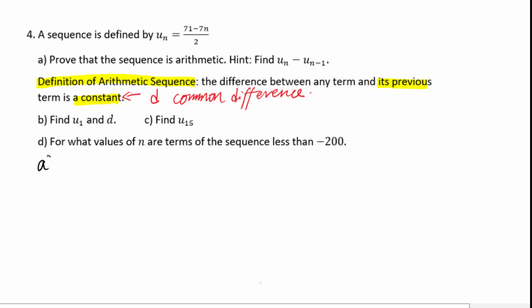Therefore, for A, we need to figure out u sub n minus u sub n minus 1 equals a constant D. Then we will say u sub n is arithmetic. We know u sub n is given as (71 minus 7n) over 2.